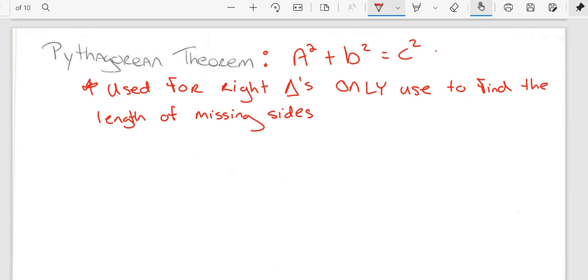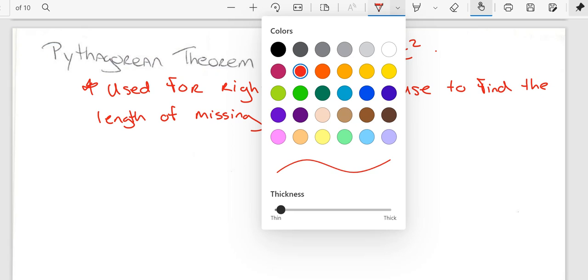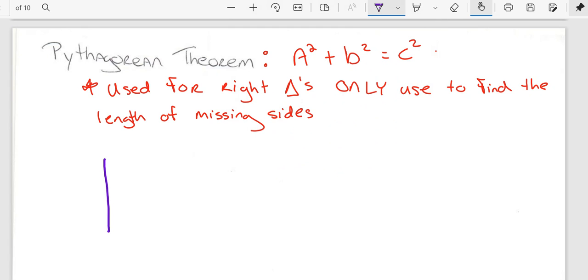When it comes to the Pythagorean theorem, just a little bit of background on it. So let me give you guys a little bit. This is my right triangle. Just like with our isosceles triangle, it was important to know what were the bases and what were the legs. When it comes to the Pythagorean theorem, it's also important to know which sides are which.